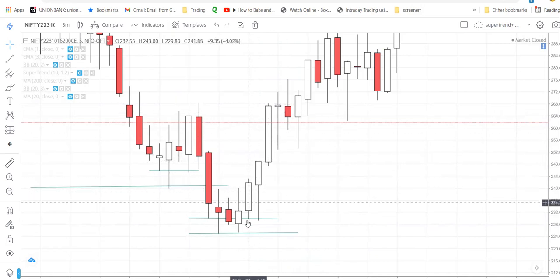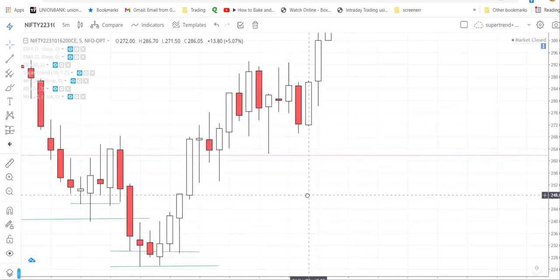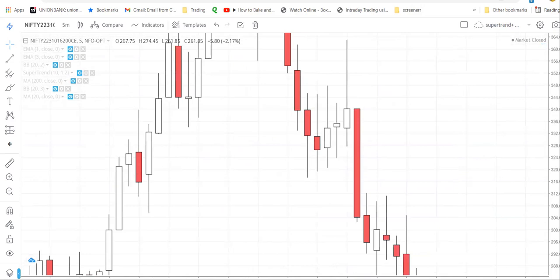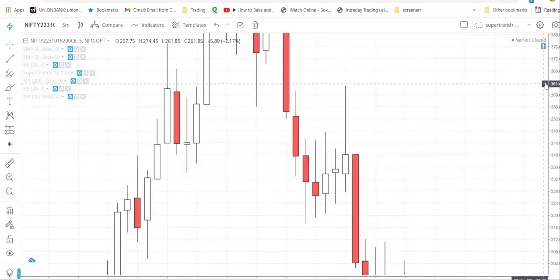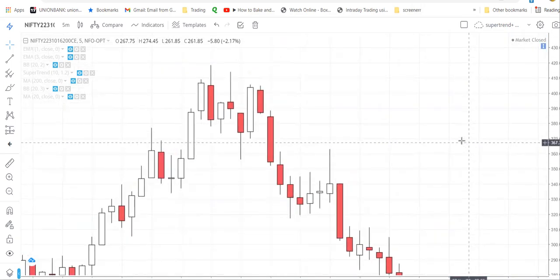And if you would have entered here around 224, no need to exit. You can hold your position until you see a change in behavior. Okay, let us see whether there is a change in behavior over here. Yes.